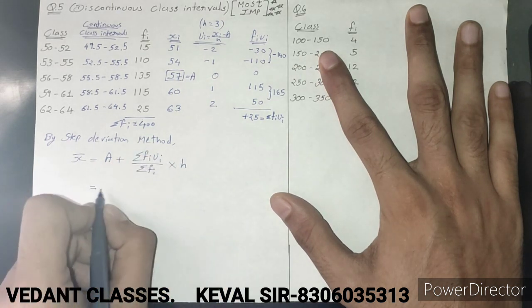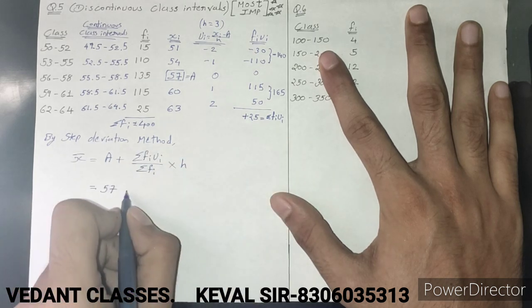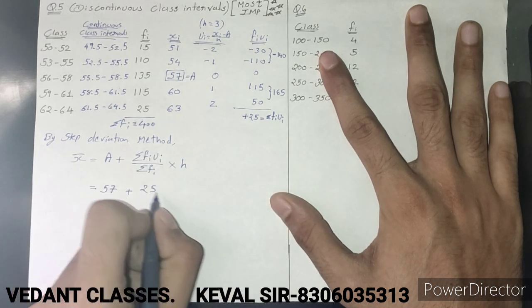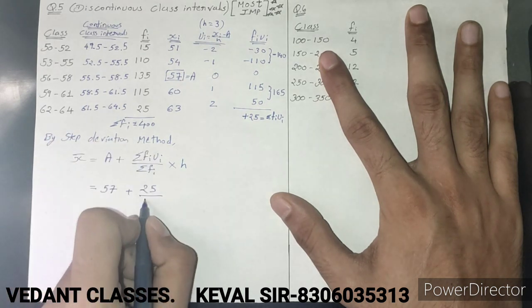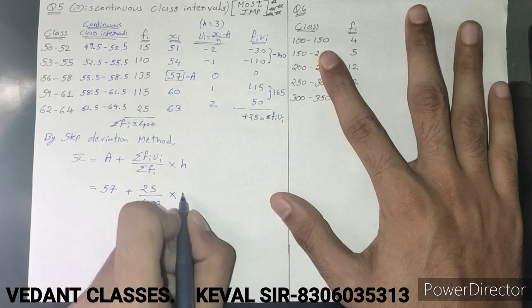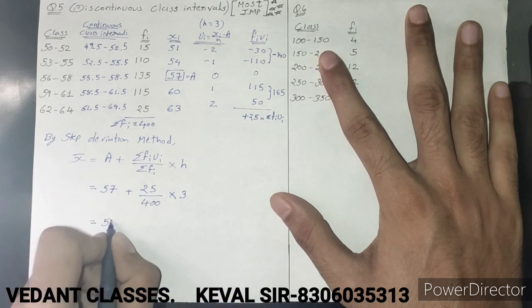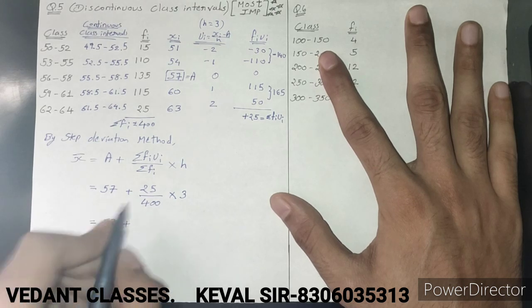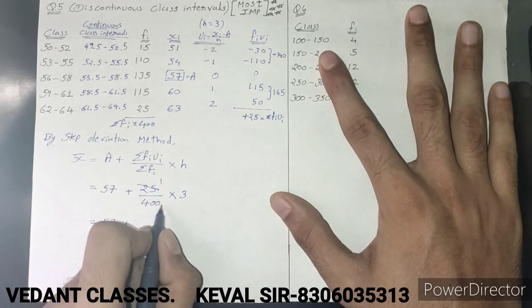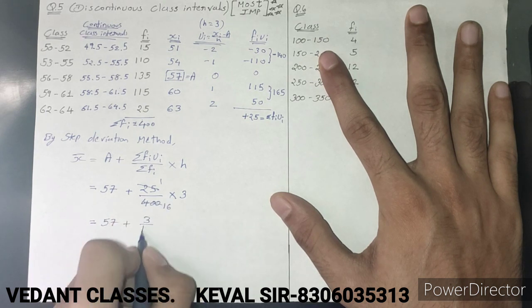So value of a will become 57, sigma fi ui, so that we have calculated it's 25, sigma fi, so it is 400, and here it will be value of h, this will be 3. Okay, so 57 plus, we can cancel it out, 1 and it will be 16, so it's 3 by 16.